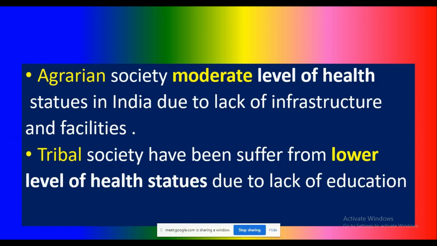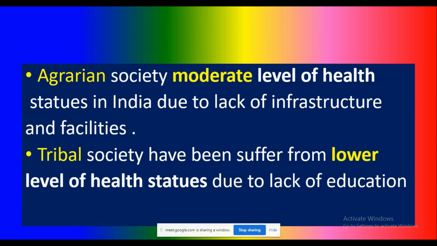Then tribal people of society. The tribal people suffer from various healthcare issues, low health status. The reason is that they have been living excluded from other society. There is no road connection with other people.